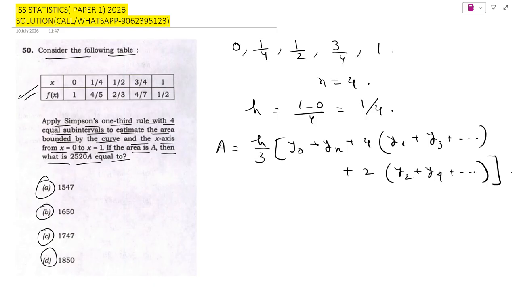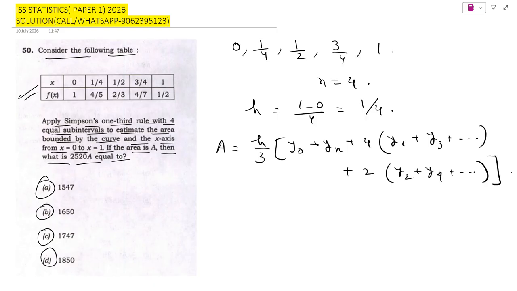Students often confuse Simpson's one-third rule with the trapezoidal rule. Remember, in the trapezoidal rule the coefficients are 1, 2, 2, 2, 2, 2, and last is 1. In Simpson's one-third rule, the coefficients are 1, 4, 2, 4, 1. A simple memory trick is 1, 4, 2, 4, 1. Whenever there are 5 equally spaced points, this pattern immediately comes to mind.